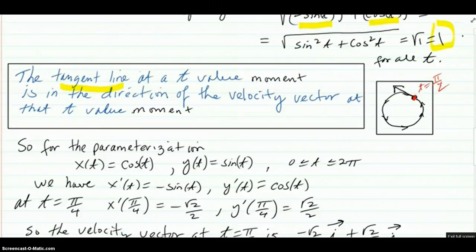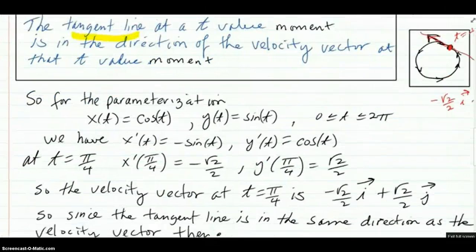Your velocity vector is headed out this way, and because that's negative sine for the x and cosine for the y, your velocity vector was negative square root of 2 over 2 i plus square root of 2 over 2 j. So that heads you off in this direction right here, and that's the direction of the tangent line also, as you can see, because here's the tangent line there.